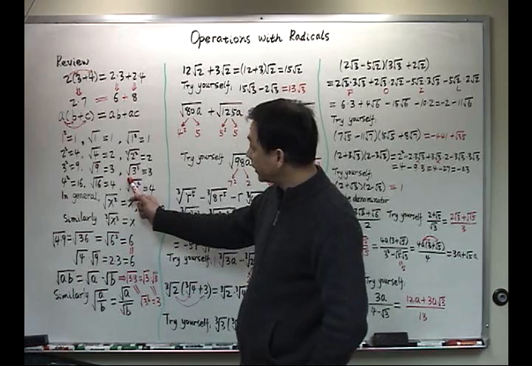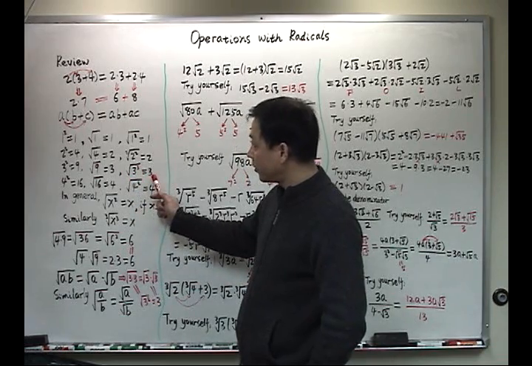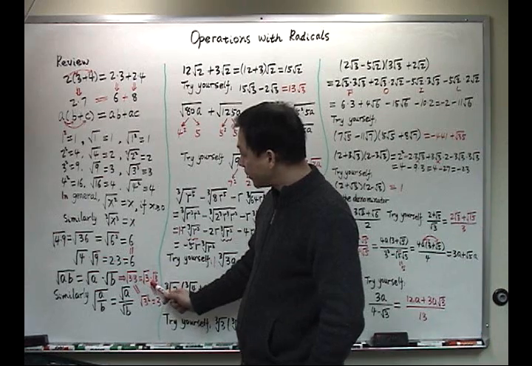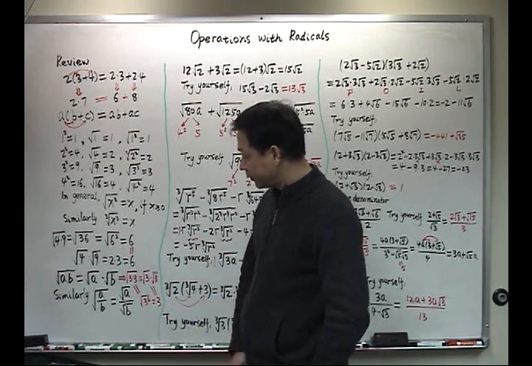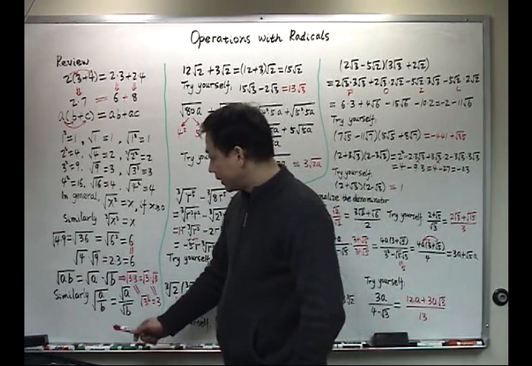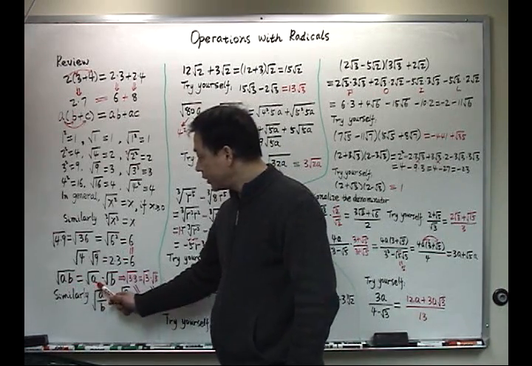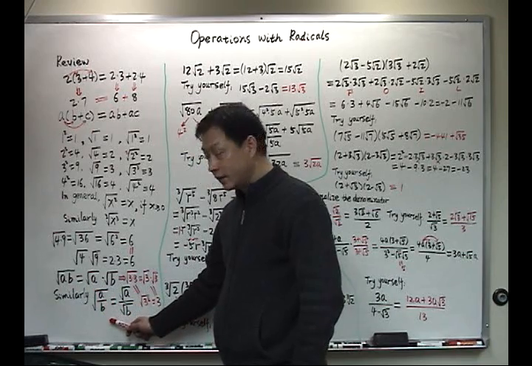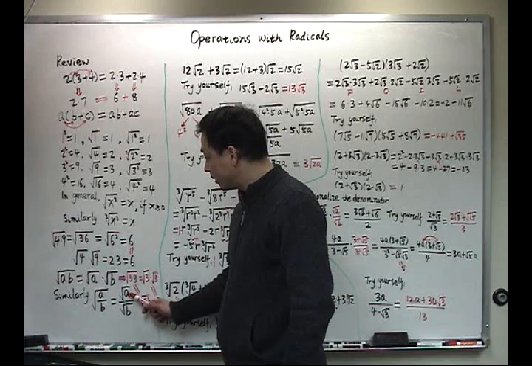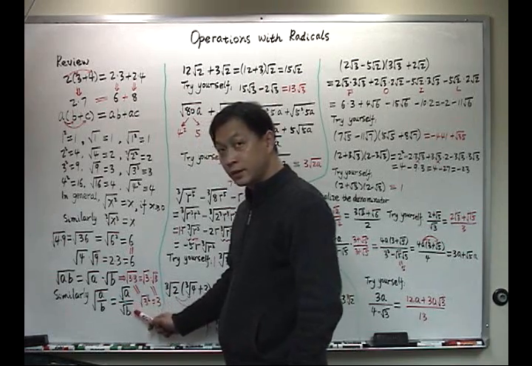You see, radical 3 squared is 3. This tells us radical 3 times radical 3 is 3. Okay? Now, similarly to multiplication, we have division here, that radical A over B equals radical A over radical B. Okay?